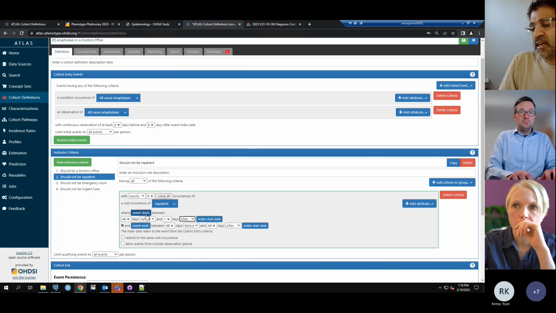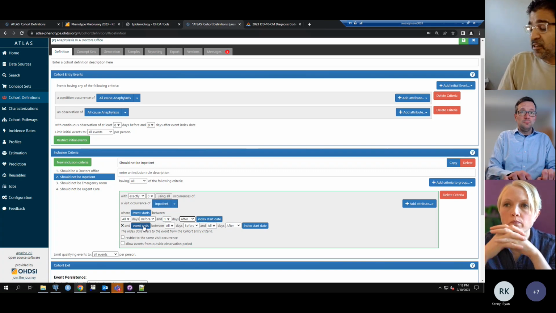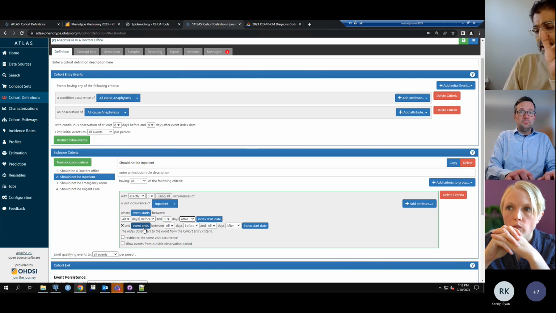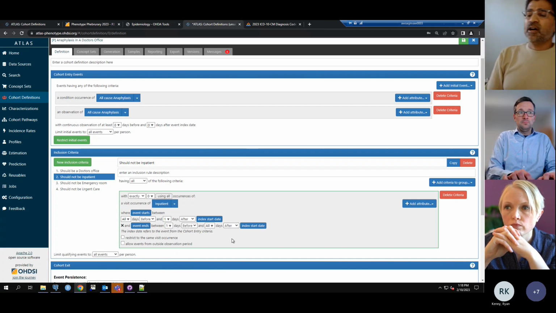And in visit starts and event ends. So that means inpatient duration ends. It should end, even if it ends from 1 day before to all days after. Okay.